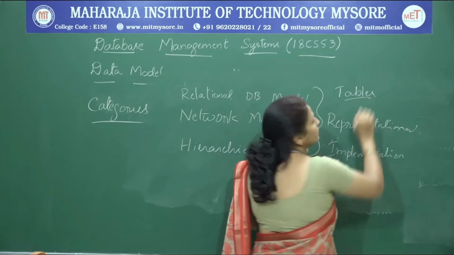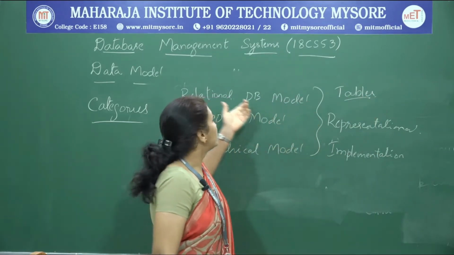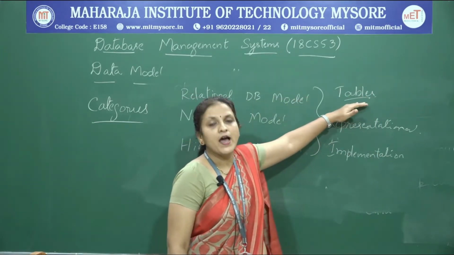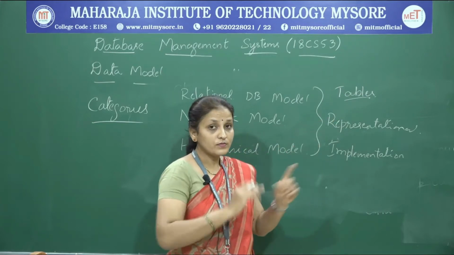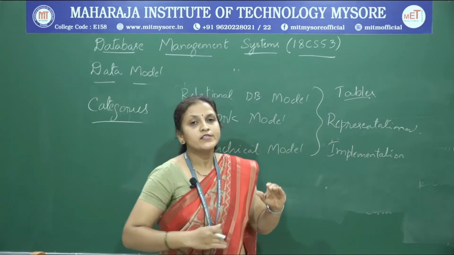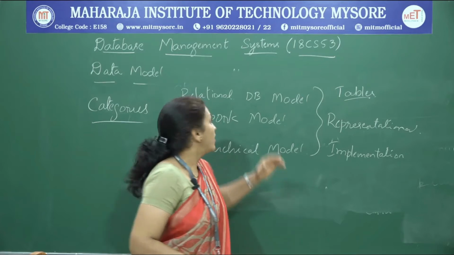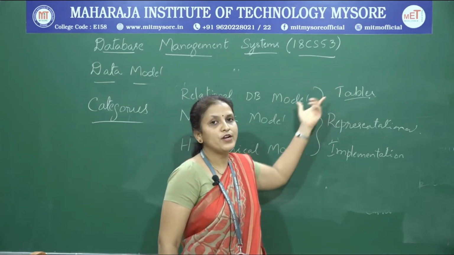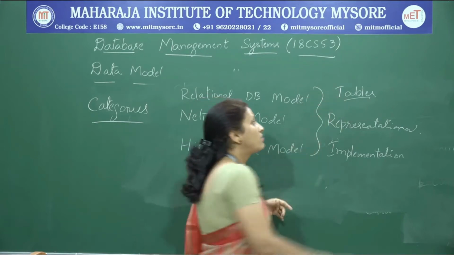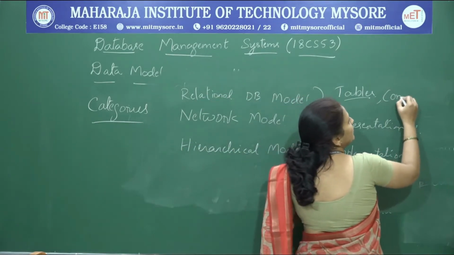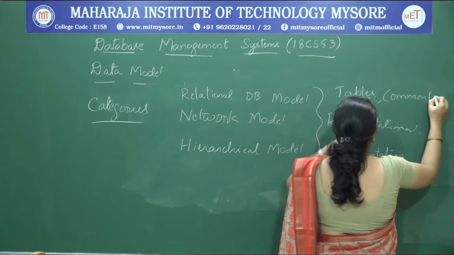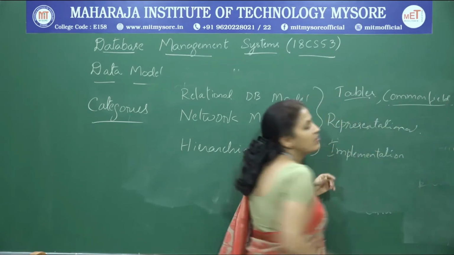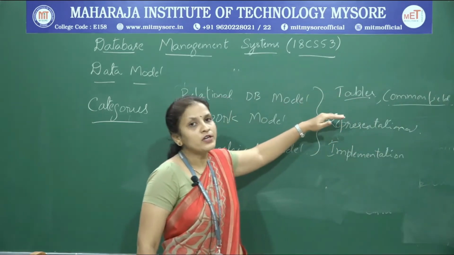All the so-called entities are stored in terms of tables, and each table will have a different set of values. Everything will be in terms of tables, and the relationship between two different entities can be established by having a common field in two different tables.